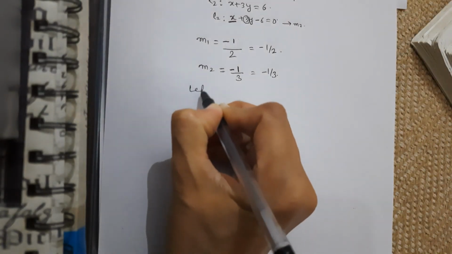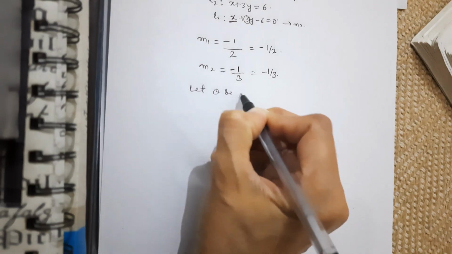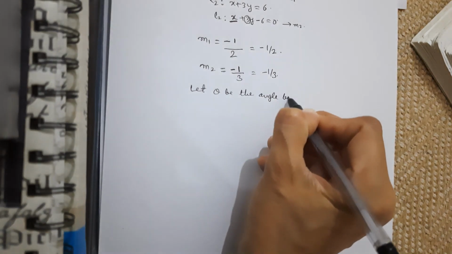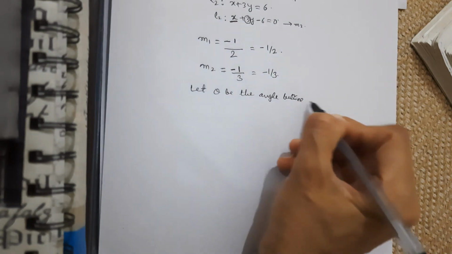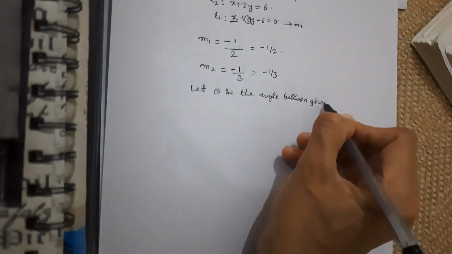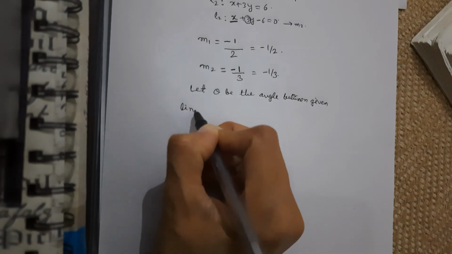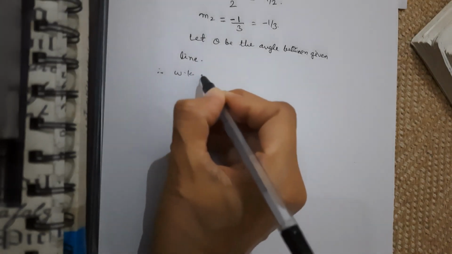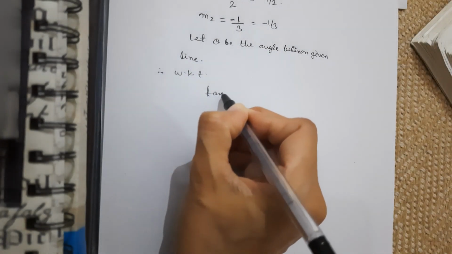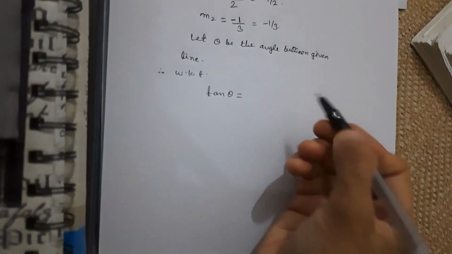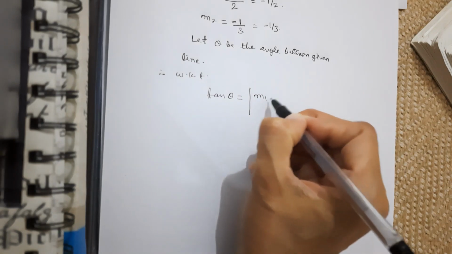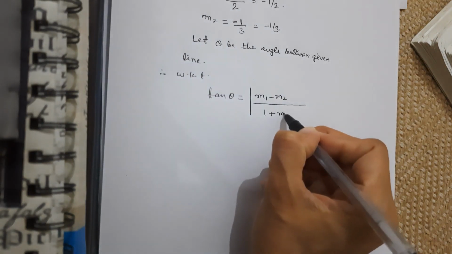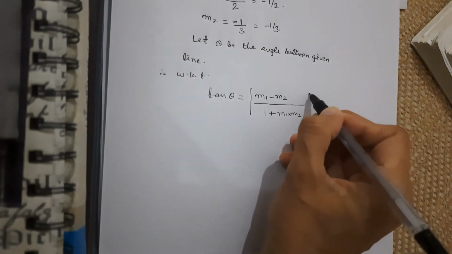Alright. Now I am just going to use that formula. So let theta be the angle between the given lines. Therefore we know that tan theta is equal to mod of m1 minus m2 upon 1 plus m1 into m2.